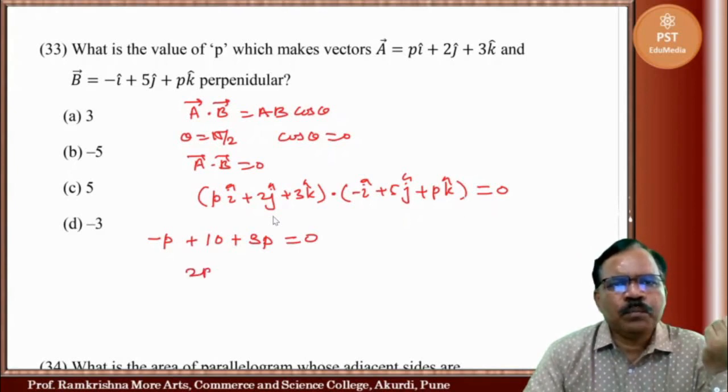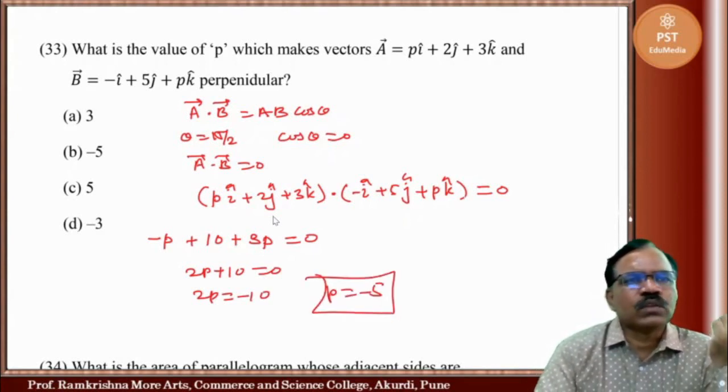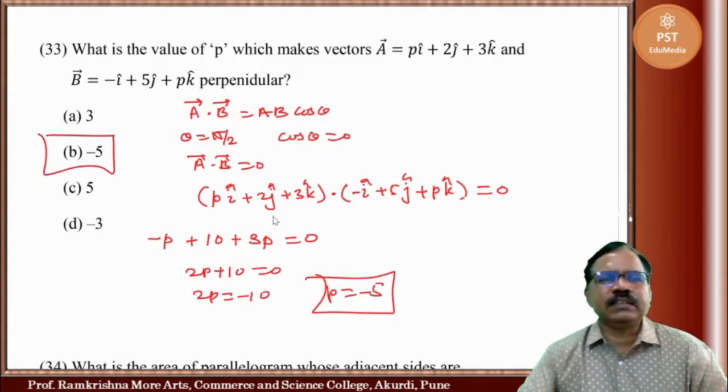So we'll get 2p plus 10 is equal to 0. So 2p is equal to minus 10. So p is equal to minus 5. This is the correct answer.